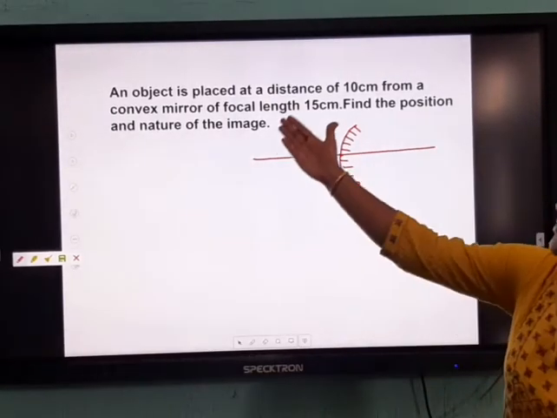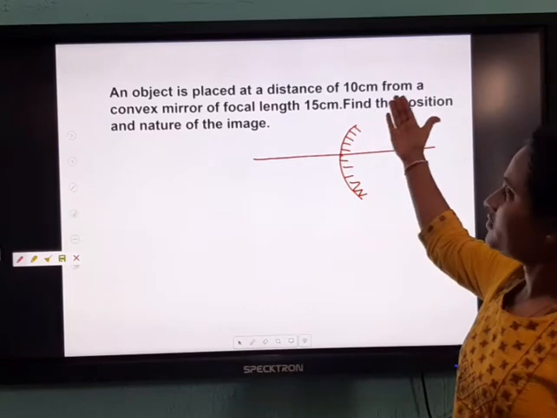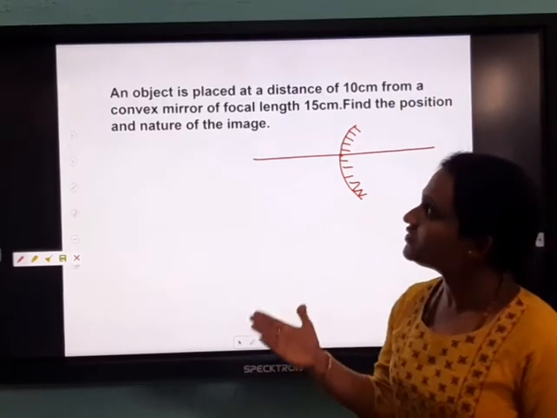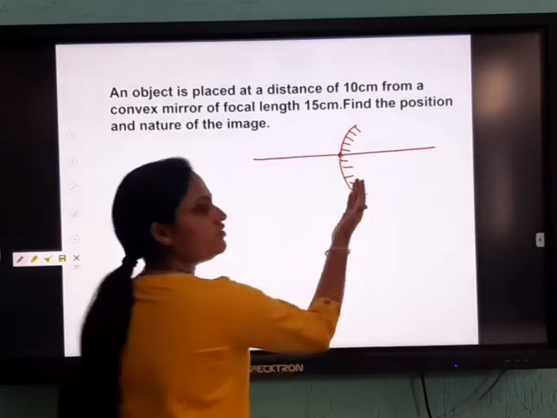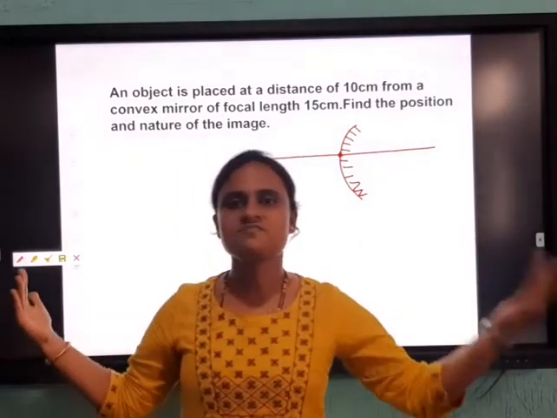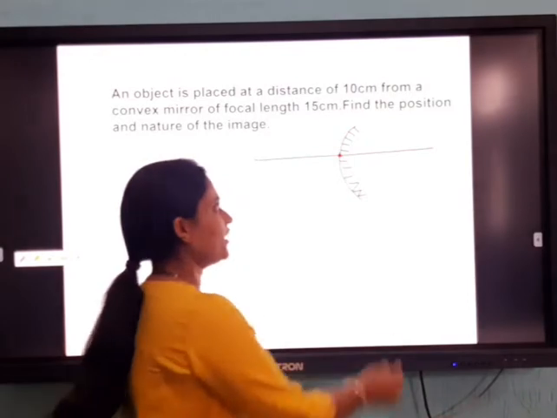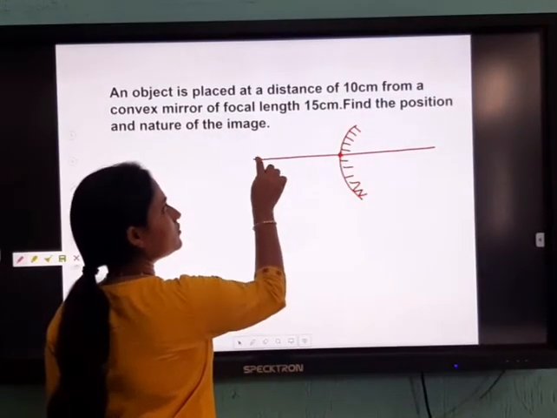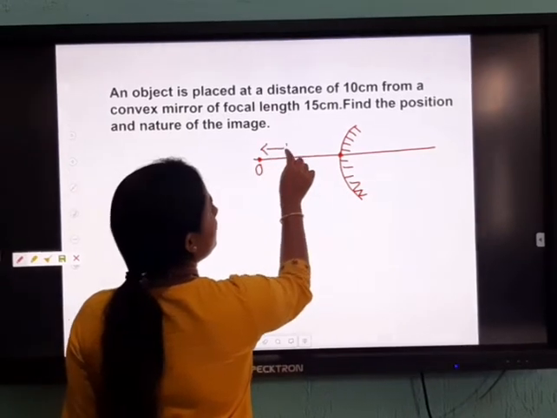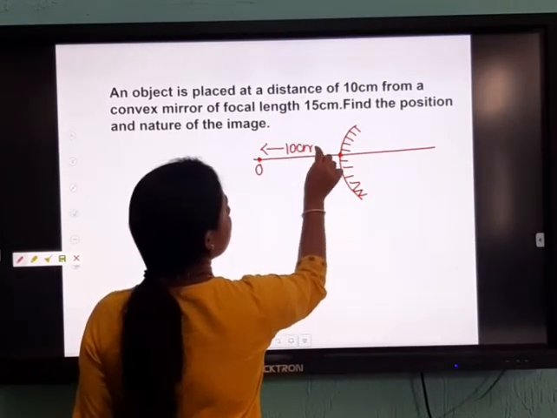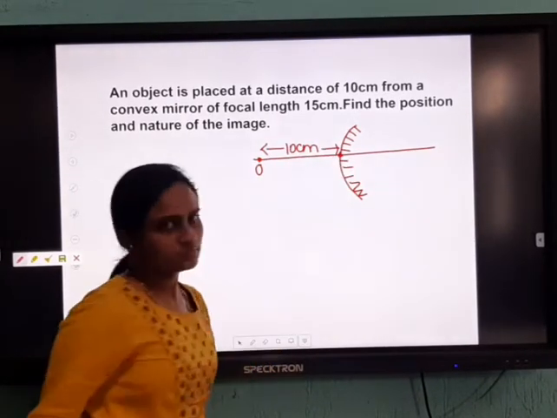Now, the object is placed at a distance of 10 centimeter from a convex mirror of a focal length. As I said, the object will be always towards which side? Right side or left side? Right side. So this is the object. It is at a distance of 10 centimeter here.